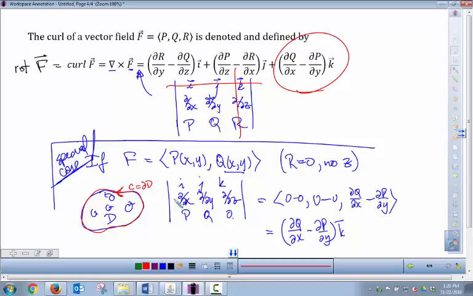If your domain is flat, the xy plane, which way is your vector going to go? Either up or down along the z, right? And if you notice the curl of this, it's 0 in the x, 0 in the y, and it's directly going up or down depending on whether this last term is positive or negative. So your curl of these things would be going straight up.